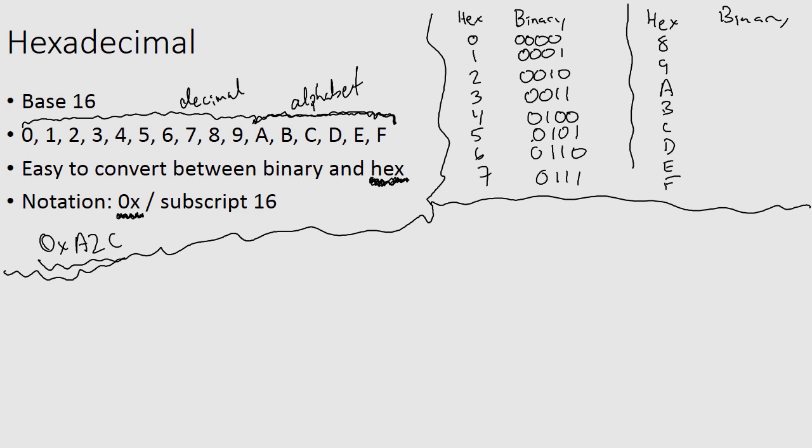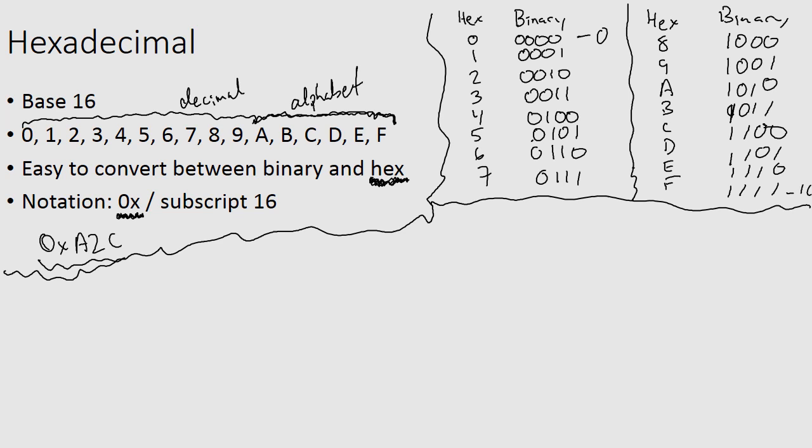And for 8, it is 1, 0, 0, 0, 1, 0, 0, 1 for 9, 1, 0, 1, 0 for A, 1, 0, 1, 1, 1, 1, 0, 0, 1, 1, 0, 1, 1, 1, 1, 0, and 1, 1, 1, 1. And if you see, it actually corresponds from 0 to 15 in decimal.